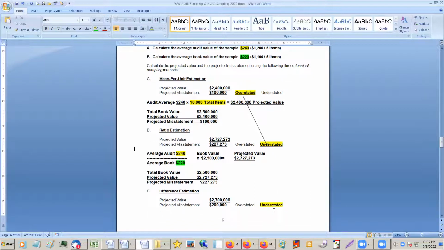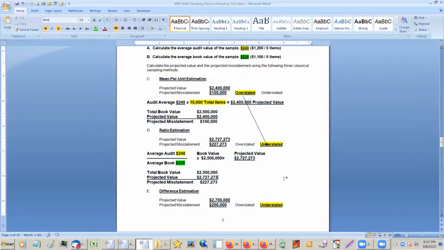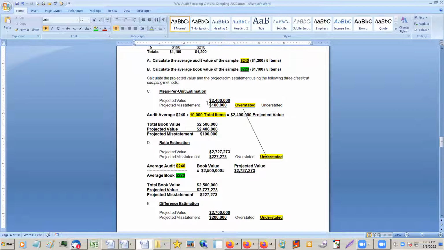The other 2 are understated. So it is possible that you could even get errors in different directions. So this is number 3. Again, this one's kind of wacky in that the first one is overstated. The next 2 are understated. Okay.